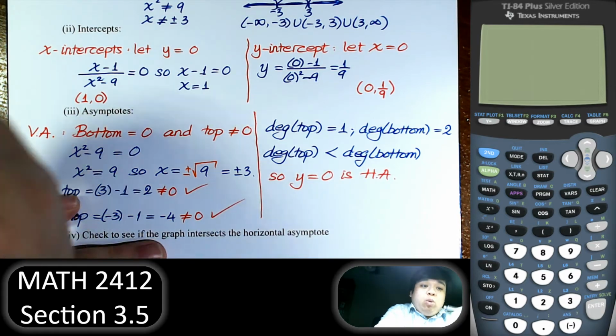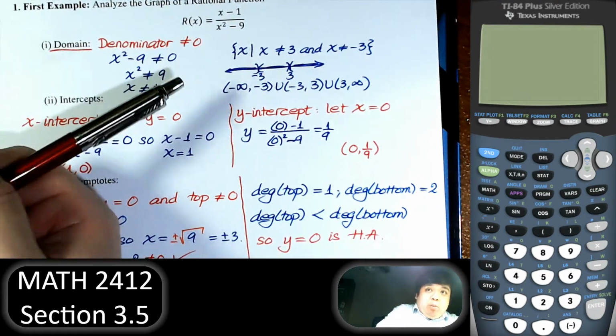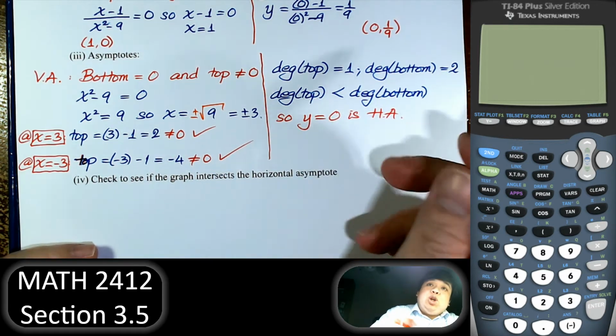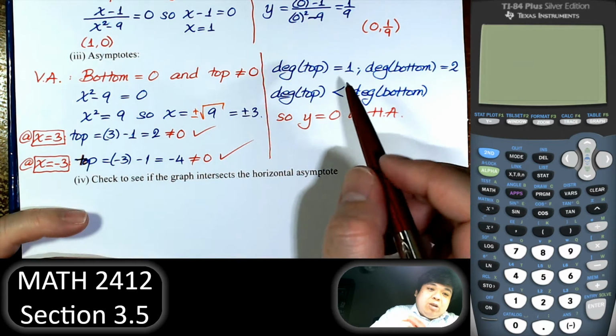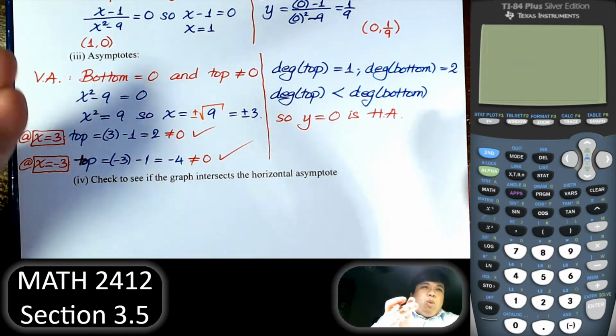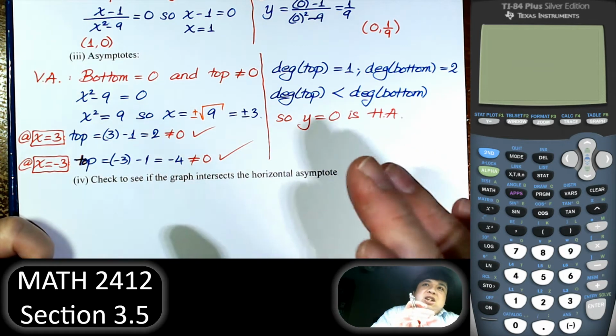This is only when we have the ratio of two polynomials. If it is between two different functions, that might be different. Remember, way back in trigonometry, tangent is sine over cosine.